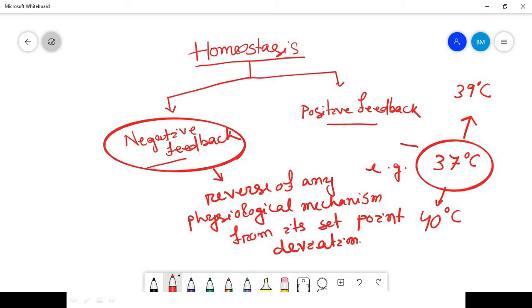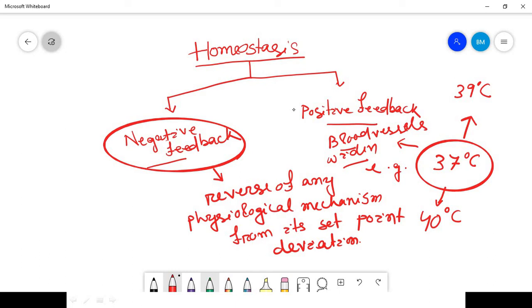It dilates or widens the blood vessels. As a result, blood flow increases. Increased blood flow results in sweating, and this sweating cools down the increased body temperature.